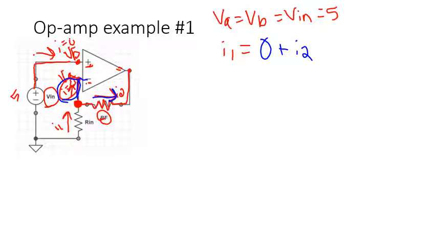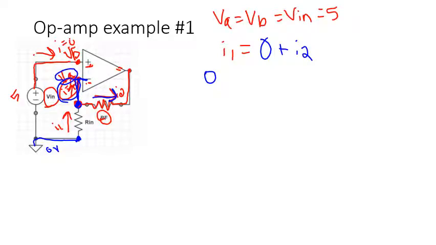Now I need to write those based on nodal analysis as a change in voltage over resistance. So how do I write I1? I1 starts down here and goes up to here. The voltage down here is ground, 0 volts. So it goes from 0 to VA, since this was all just wire.